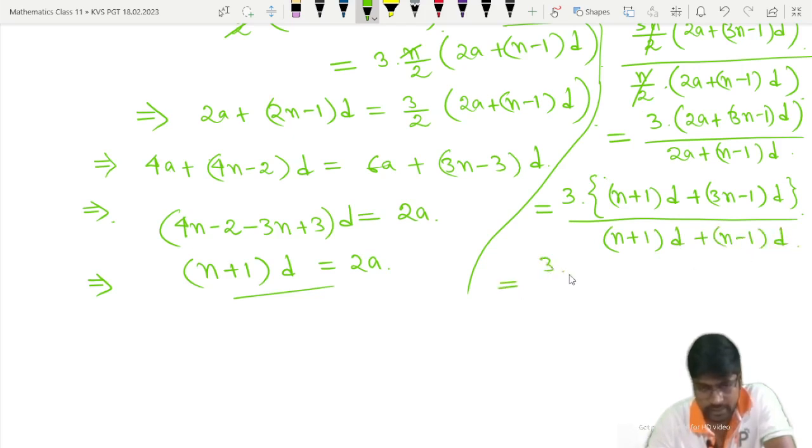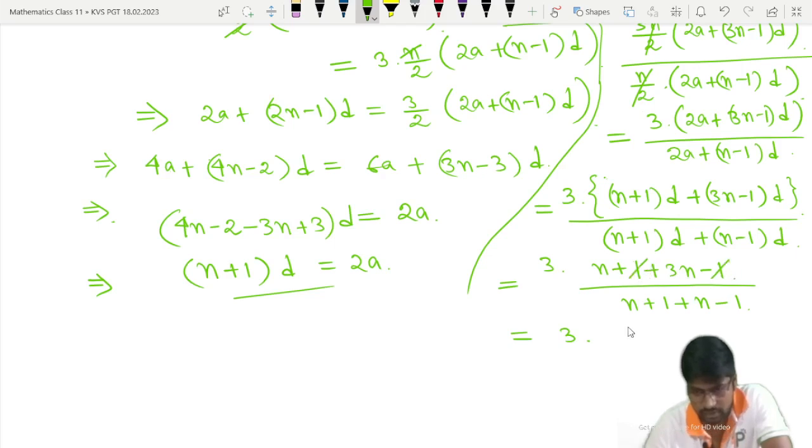Now d will be cancelled anyway, so this will give us n plus 1 plus 3n minus 1 divided by n plus 1 plus n minus 1. So 3 into, now see 1 will be cancelled, so we will get 4n, and in the denominator also 1 will be cancelled, we will get 2n.